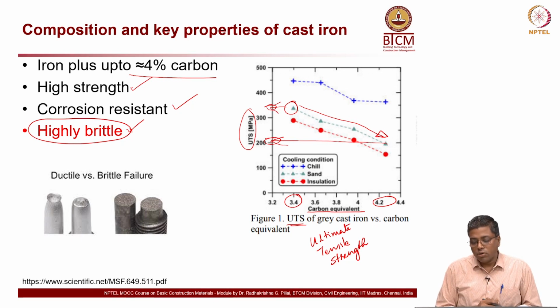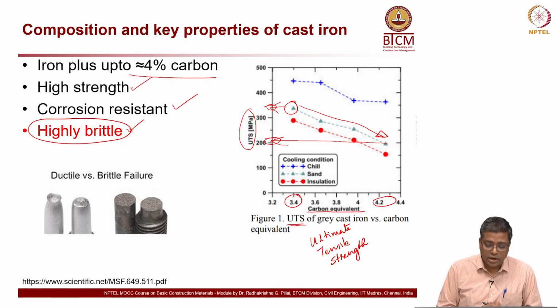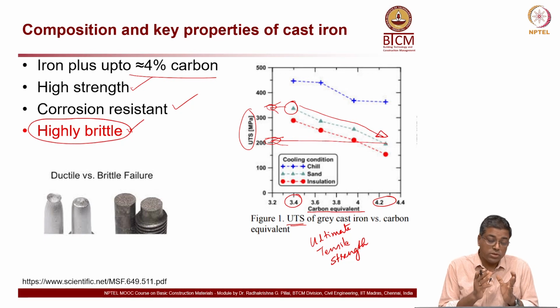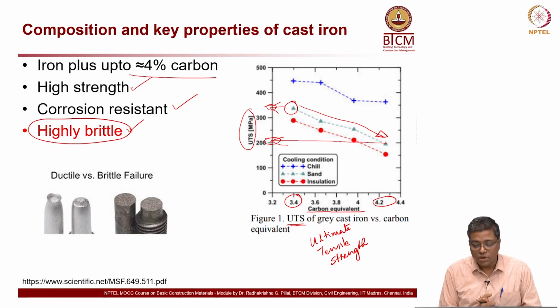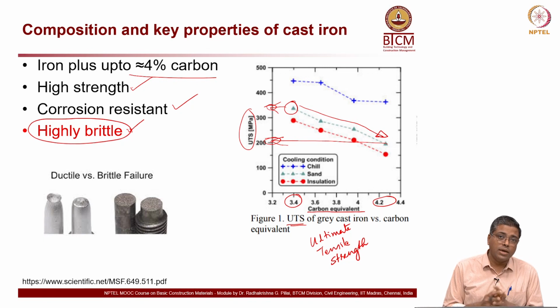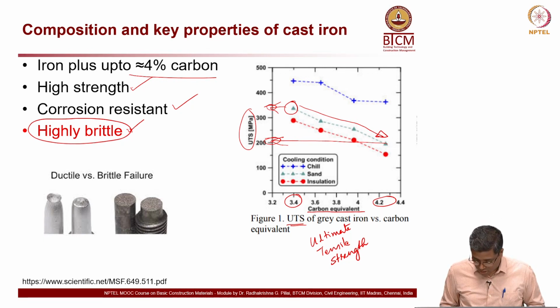So, about 150 megapascal reduction in strength when you increase the carbon content from 3.4 to 4.2, very small, 0.8 difference, right? It is 0.8% difference. So, it is a very small variation, but it has a huge impact on the strength properties. So, that is where metallurgists will have to be very careful in controlling the composition.